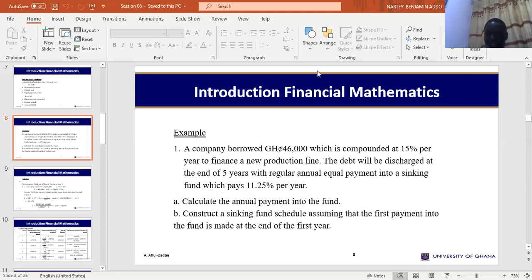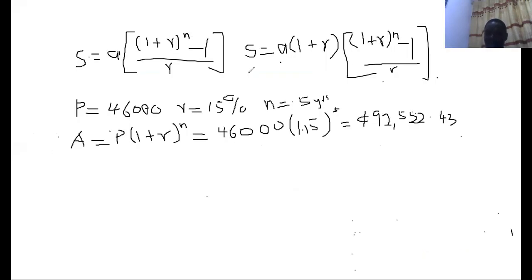If you say that assuming the payments are made at the beginning of the year, then the payment will be in advance. So in that case, the sinking fund formula to be quoted will be this one after you have found the future amount that you'll be owing.